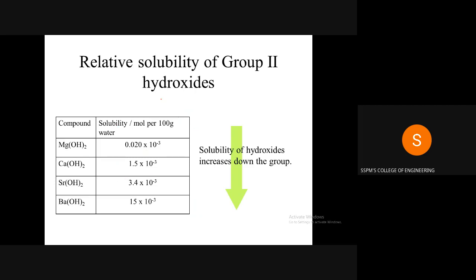Solubility is given in mole per 100 gram of water. So barium hydroxide is more soluble than calcium hydroxide or magnesium hydroxide, because when you go down the group, solubility increases. Ionization energy decreases.